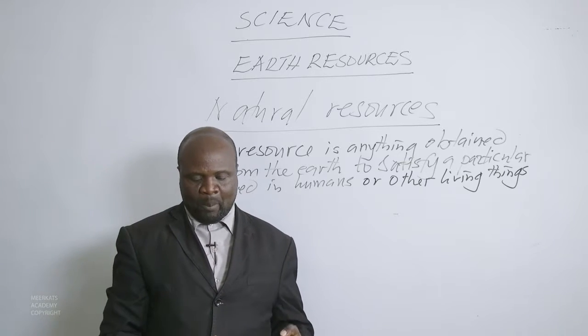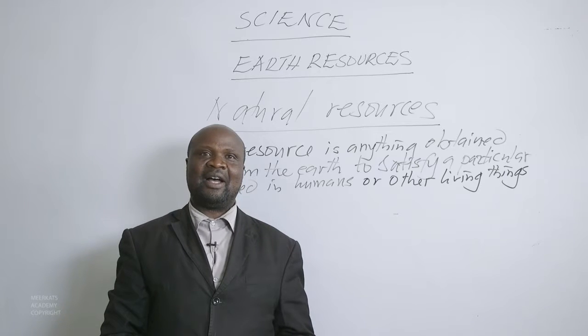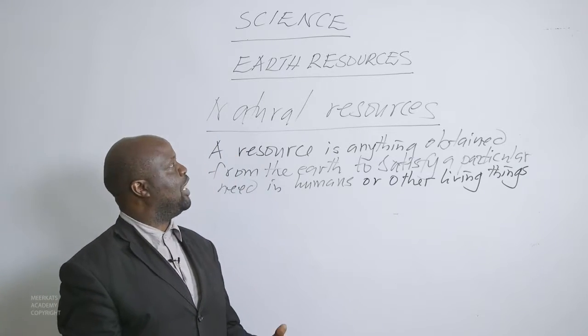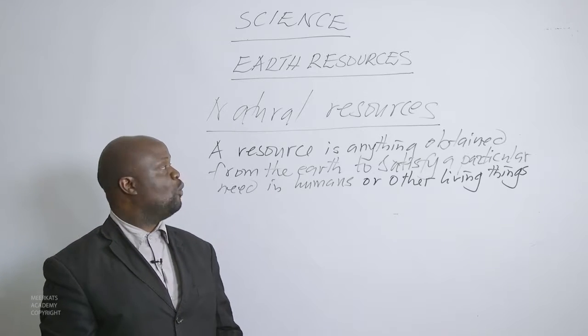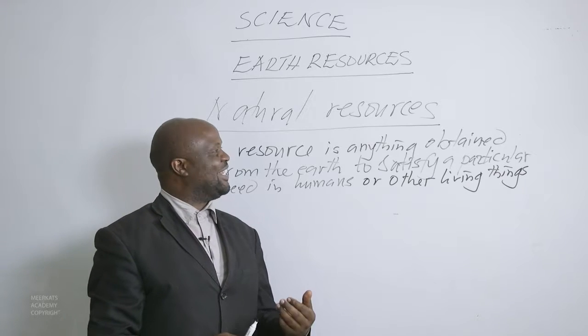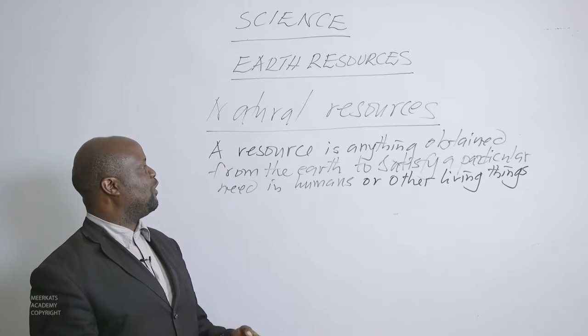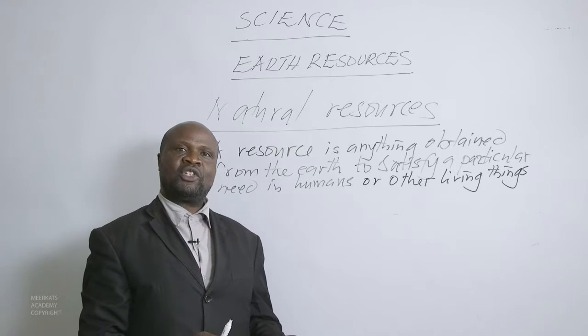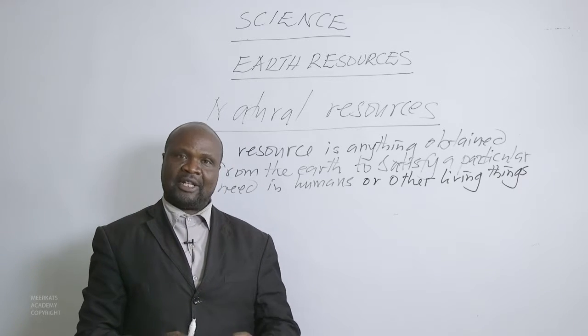Now, when we talk of natural resources, because we have defined what a resource is, anything obtained from the earth to satisfy a particular need in humans or living things, that is what we call resources.